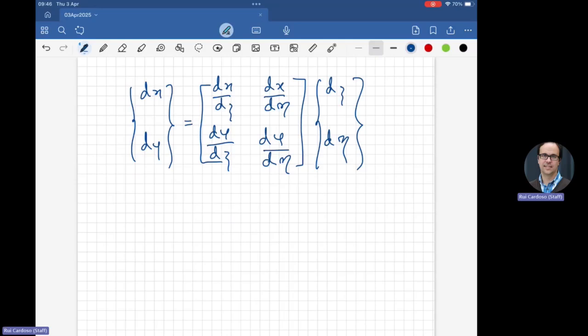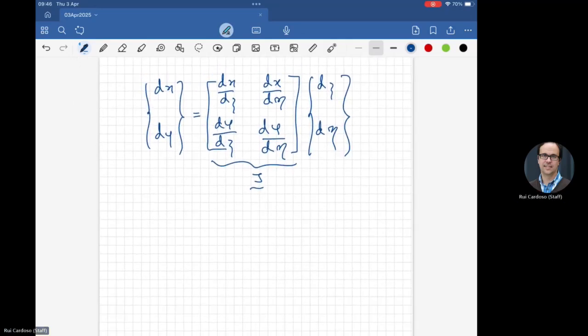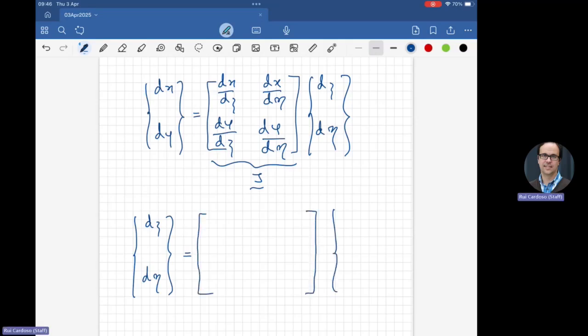How do we do that? Well, this is, don't forget, my Jacobian matrix, J, we call it J. But I can invert this matrix, and then what I will have on this side. So basically what I'm saying is that I can obtain the variation on the parametric coordinate from the variation on the physical coordinates.